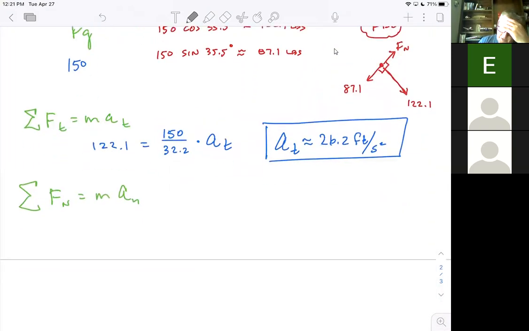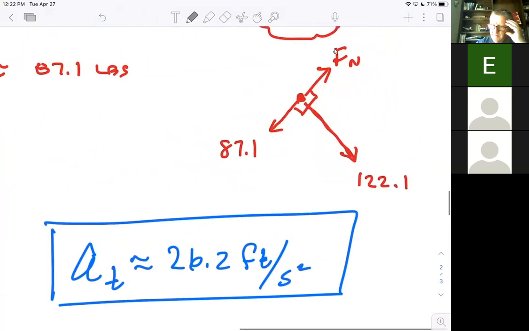Well, what about this second equation? Force is normal. Well, I've got the force normal pushing. And by the way, which one of these is positive and which one of these is negative? Or does it matter?